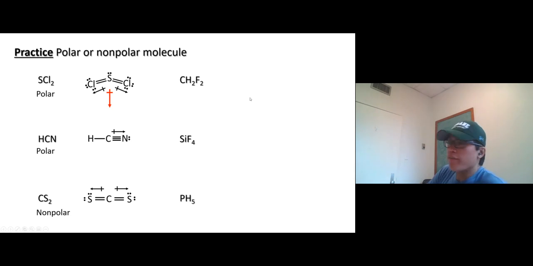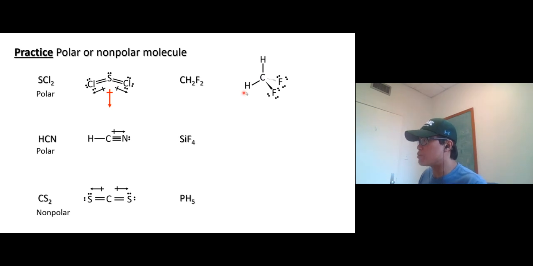Now, CH2F2 is totally a tetrahedral. If you look at the CH bond, you can ignore it. They are nonpolar bonds. But the CF bonds totally go toward fluorine. Then the net dipole moment goes in that direction, on the side of the fluorines.